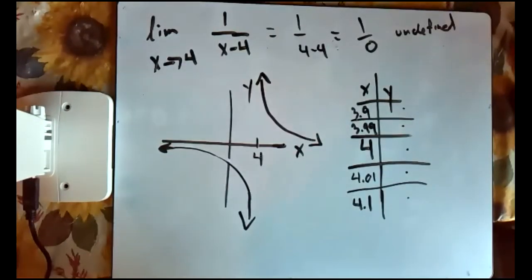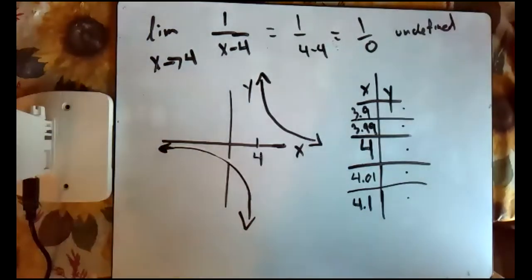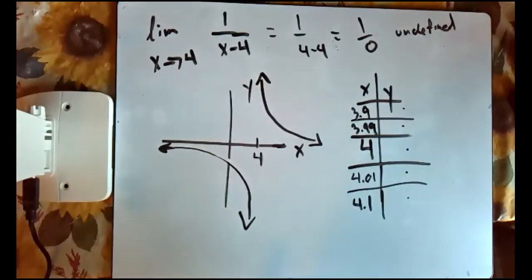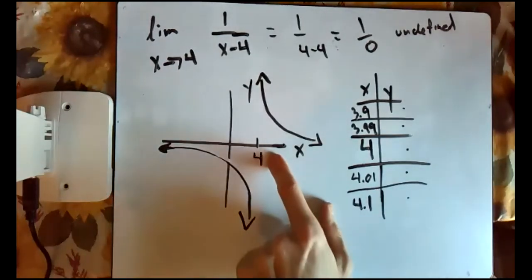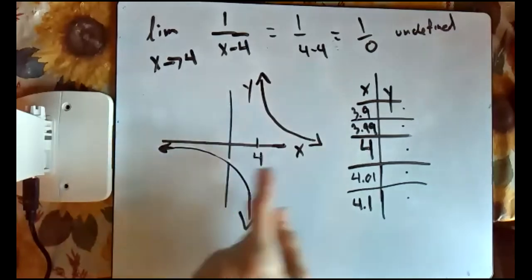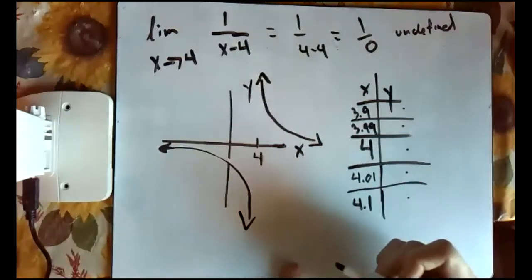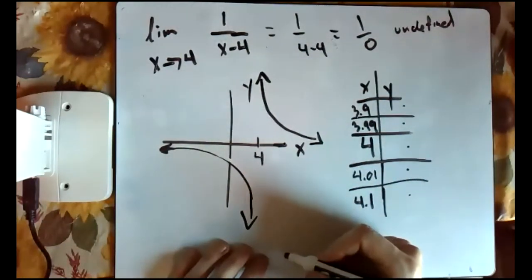Now, coming back to, does the limit exist as x approaches 4? Well, what do we need to look at? We need to look at, are we getting the same y value as we approach 4 from the left and 4 from the right? Let's break this up, right?